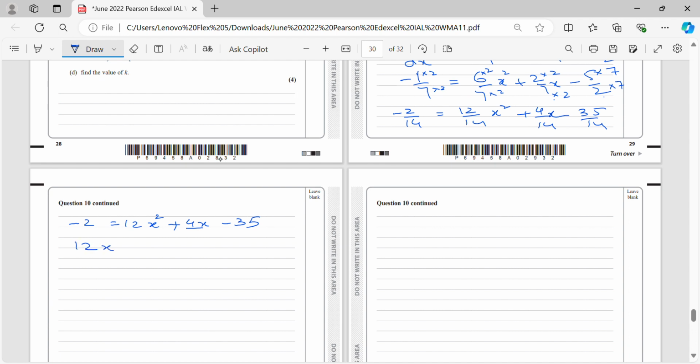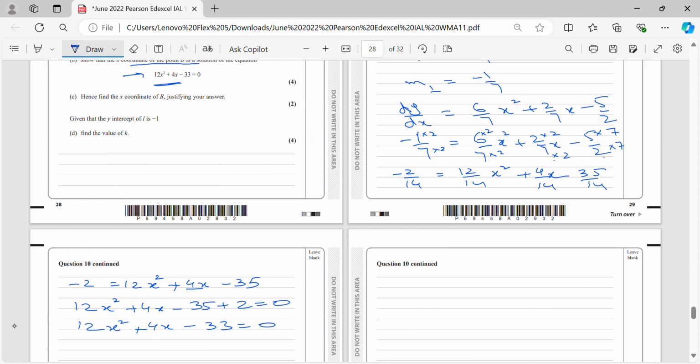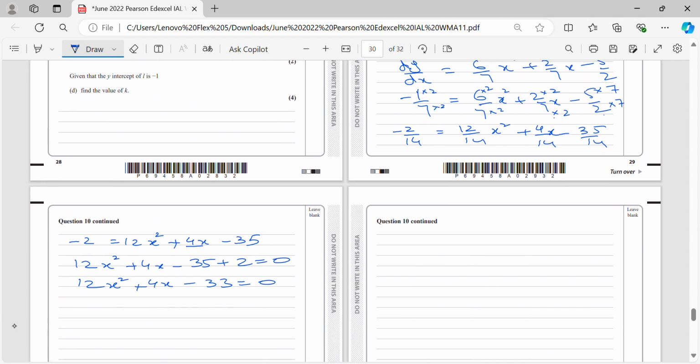Collect like terms. This is the equation. We need to show that 12x squared plus 4x minus 33 equals 0.